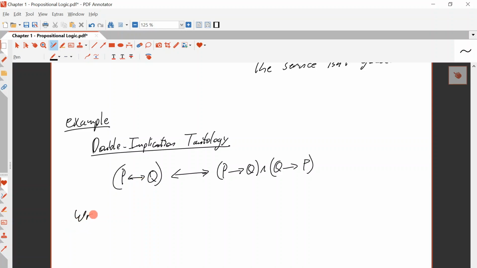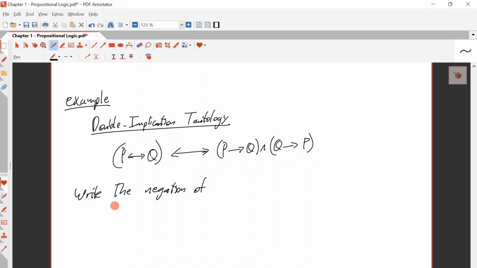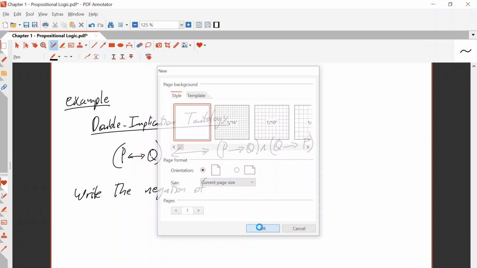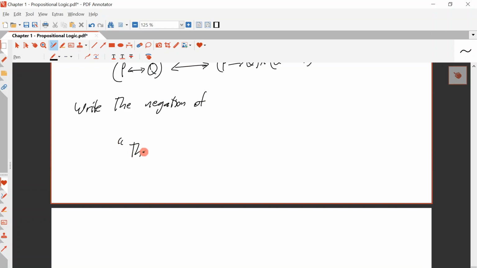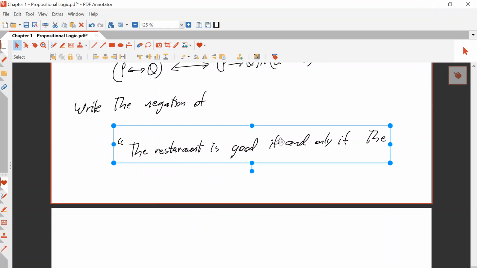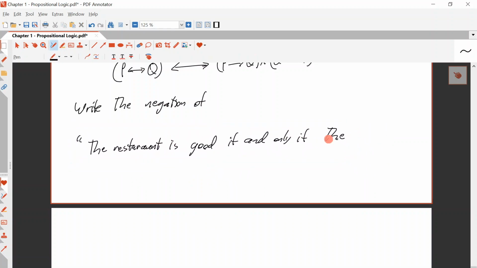So let's write the negation of the statement: the restaurant is good if and only if the food is tasty.